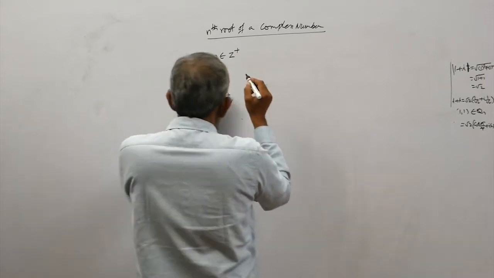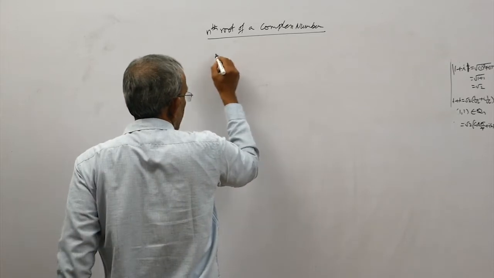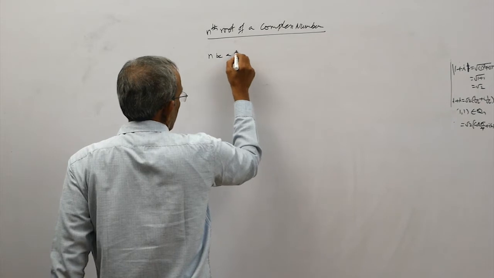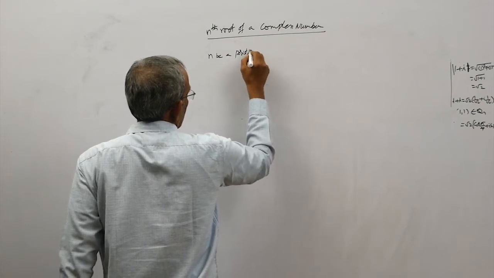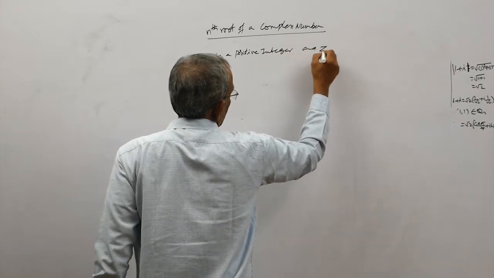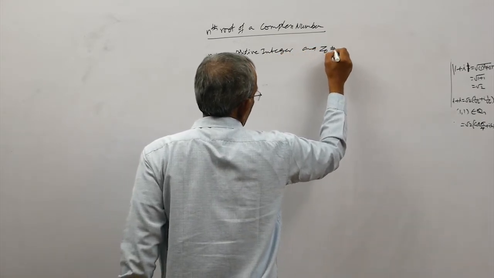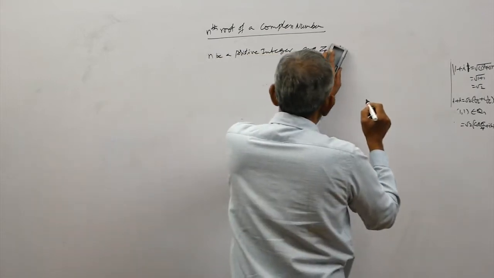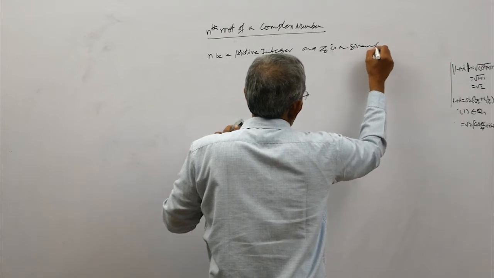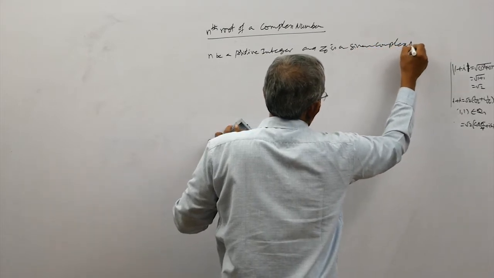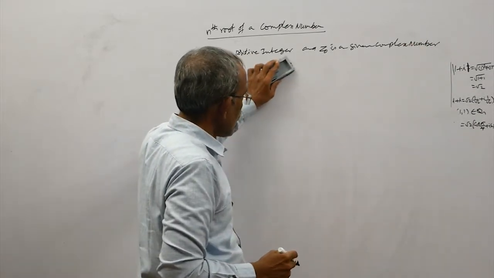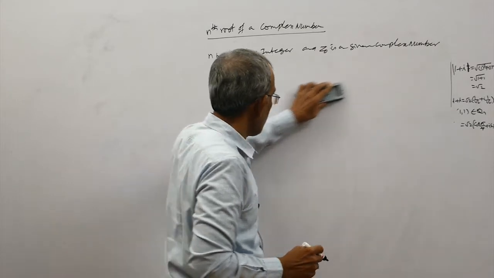Z plus, here Z denotes the complex numbers, so let n be a positive integer and z naught is a given complex number.